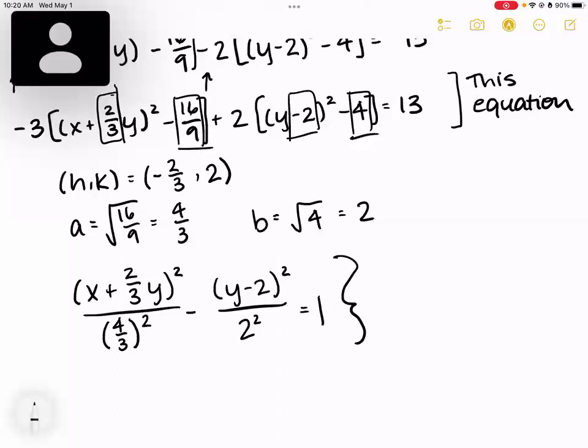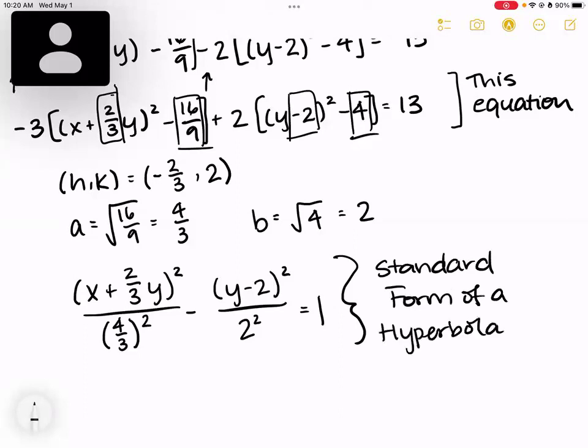And this is the equation in standard form. And that's how you do it.